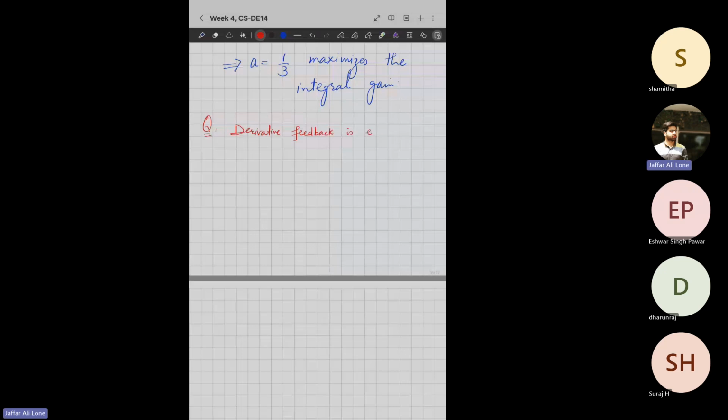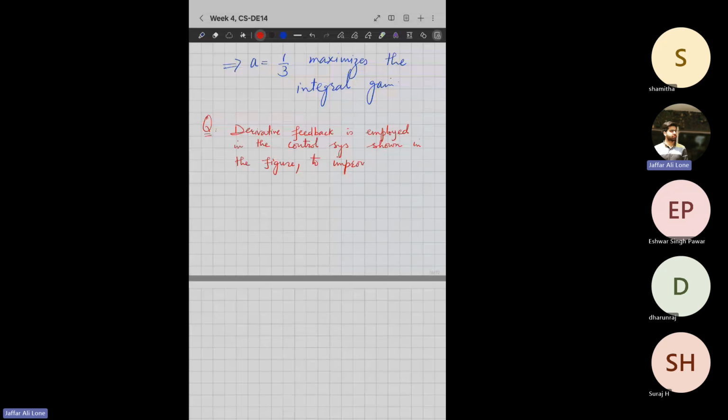Derivative feedback is employed in the control system shown in the figure. And why we use derivative to improve its damping?